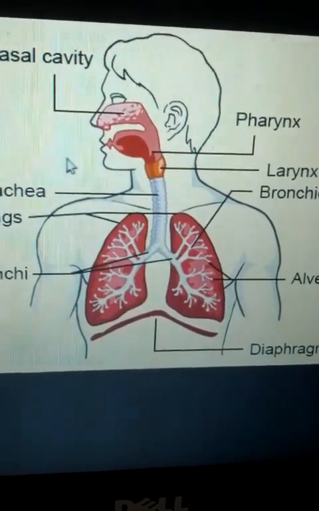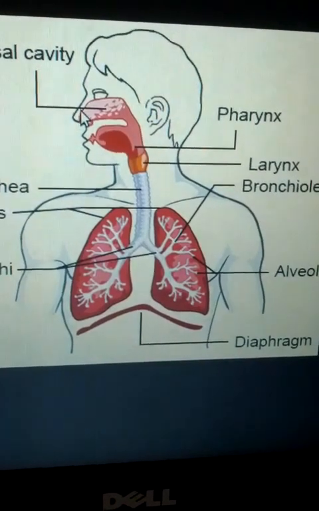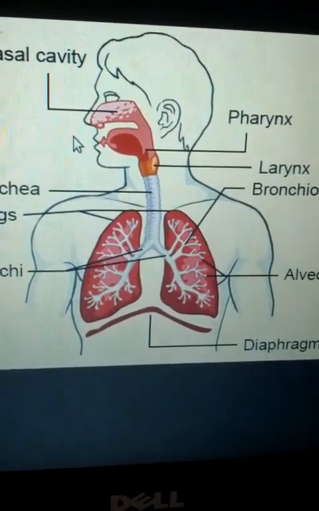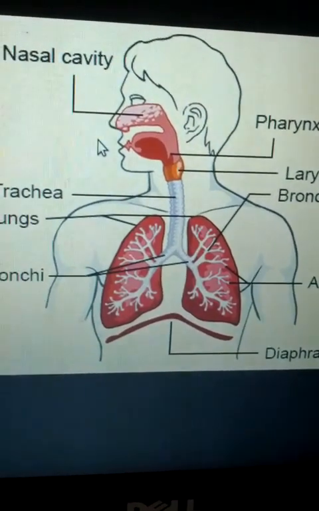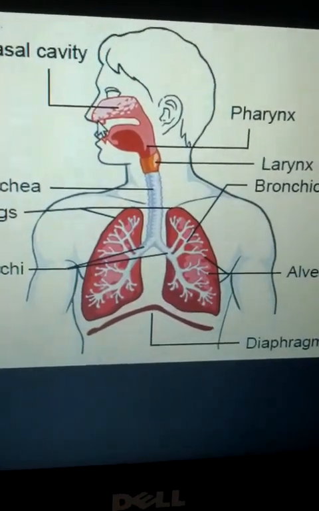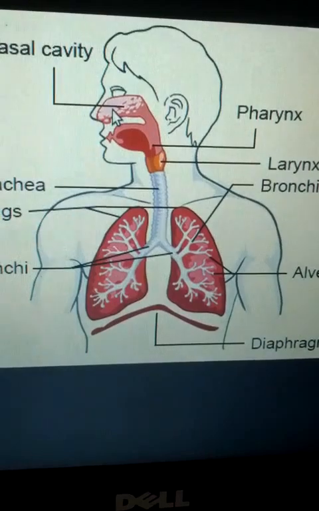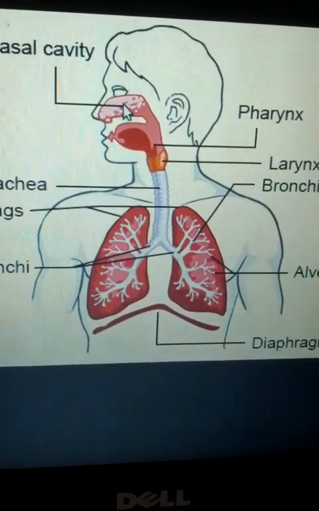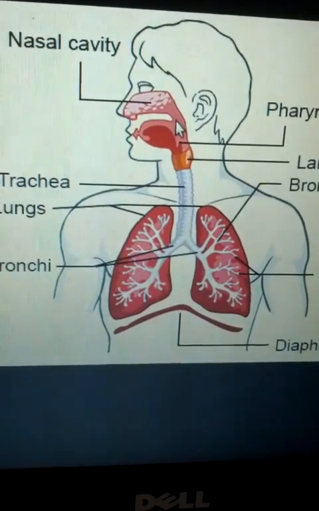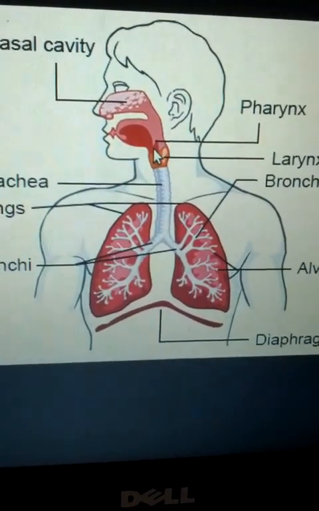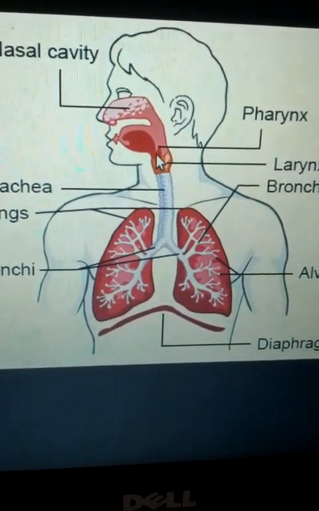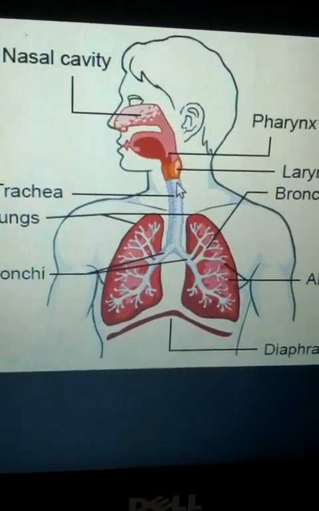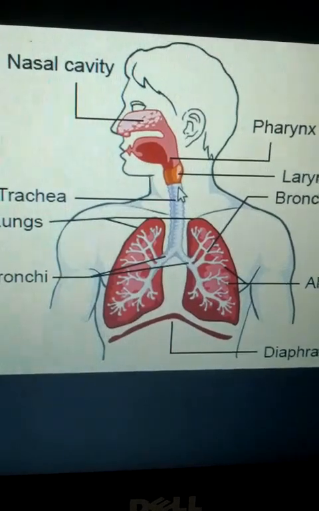When the atmospheric air enters through the nostril, the dust particles are prevented by the moisture and also by the hair. So when the air reaches inside, there will not be much dust, and it will be a little moist and warm.